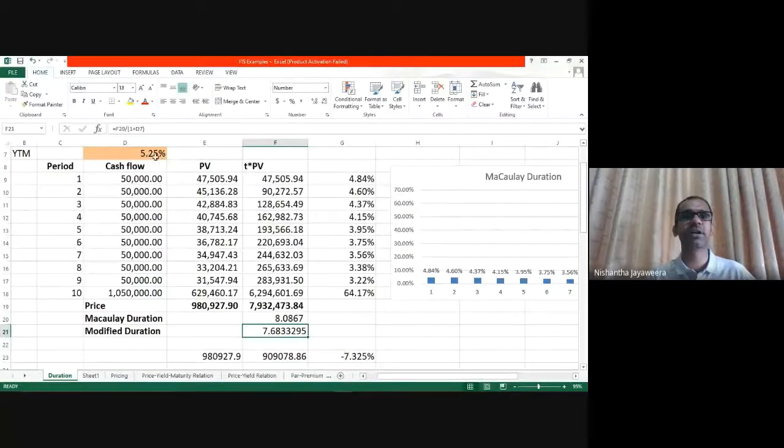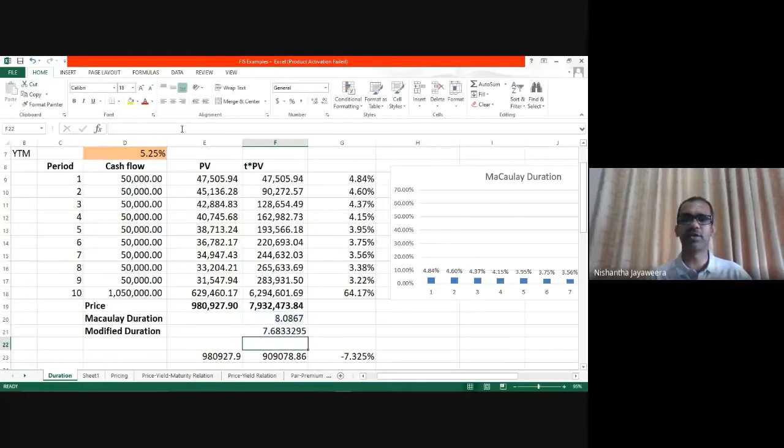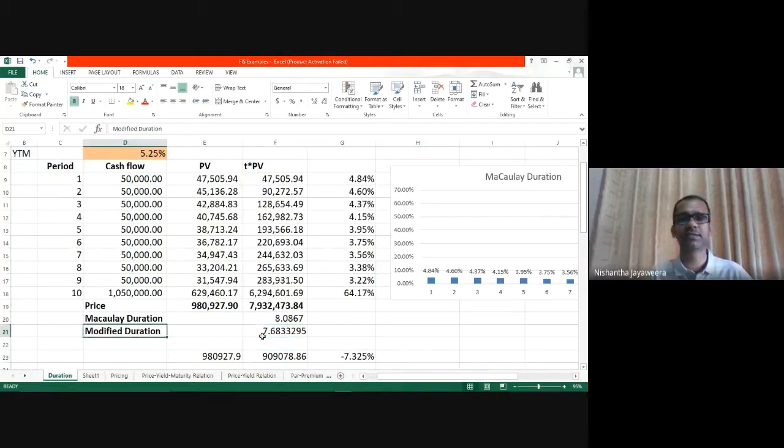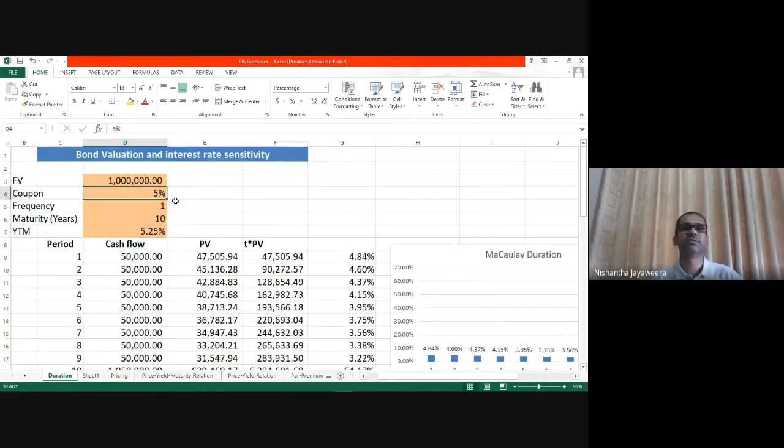If it was semi-annual, we would need to divide it by 2. But since it's an annual coupon, that's not necessary. So modified duration comes as 7.68 when the yield is 5.25 and the coupon is 5%.